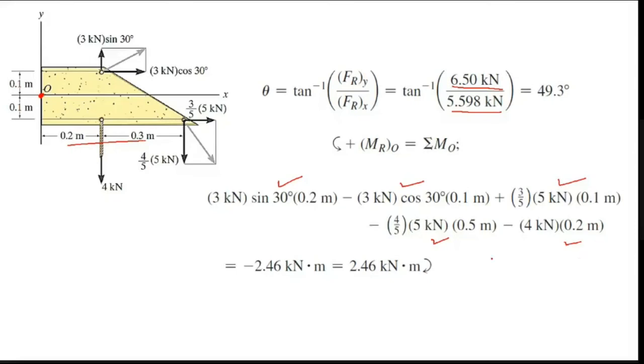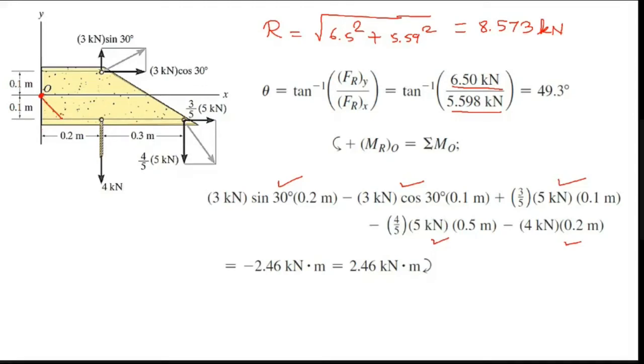Now I can replace it. Before that, I will identify my R. R is root of 6.5 square plus 5.59 square. What is your R value? 8.573 kilonewton. So I'm going to replace it at this point: here you have 8.573. It is in the fourth quadrant because we already identified that x is positive and y is negative.